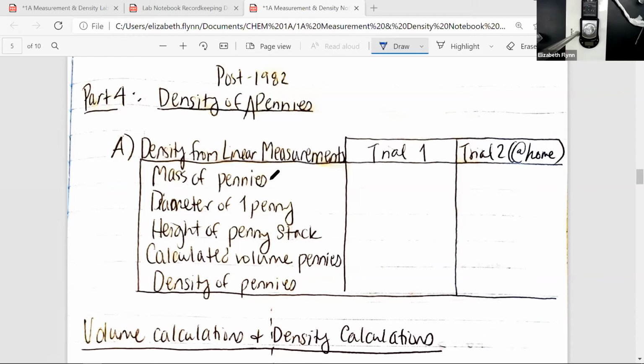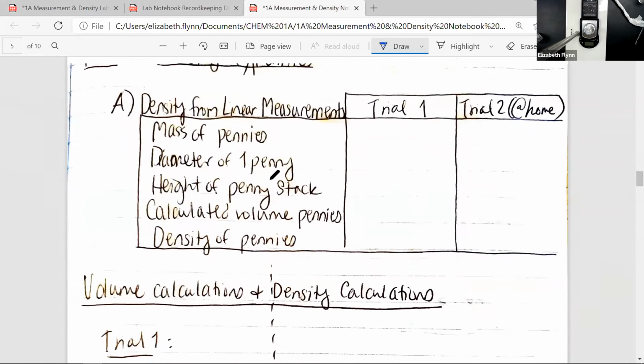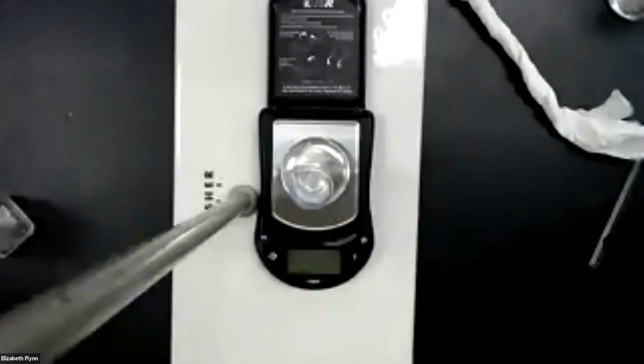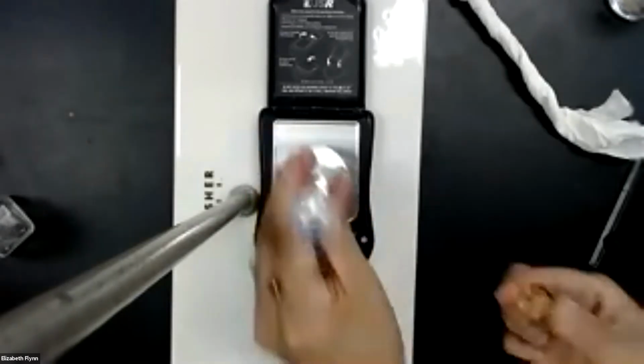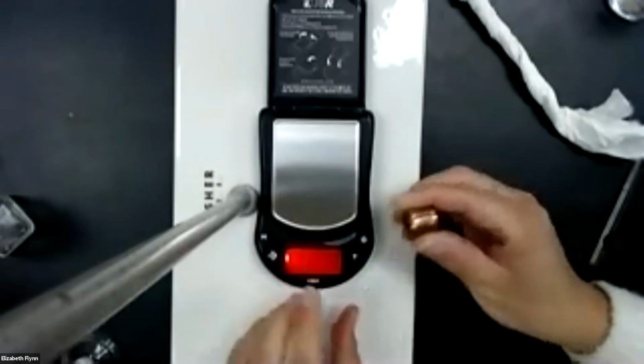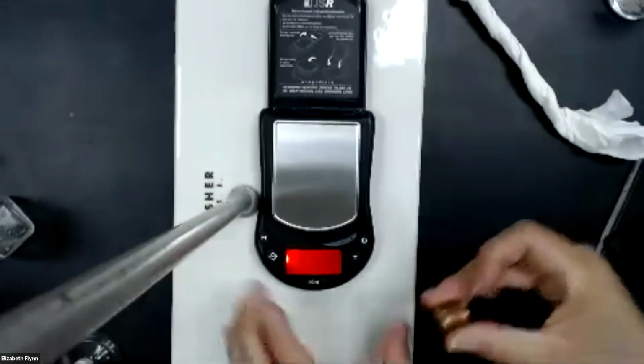So we're going to get the mass of the pennies, and we can use the same mass for both parts. So we'll do that first. Here's from linear measurements, we'll get the mass of the pennies. All right, so I've got 10 pennies here. And I'm going to get the mass of my 10 pennies.